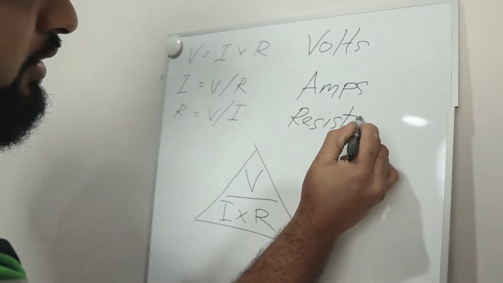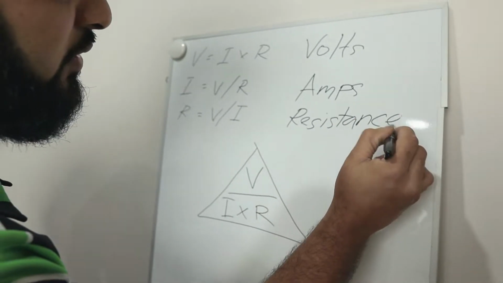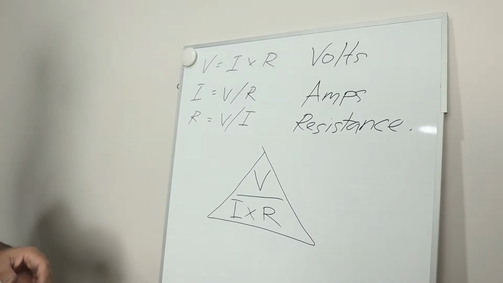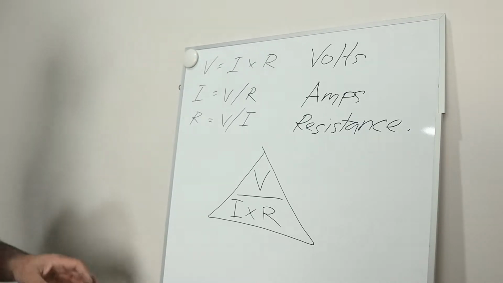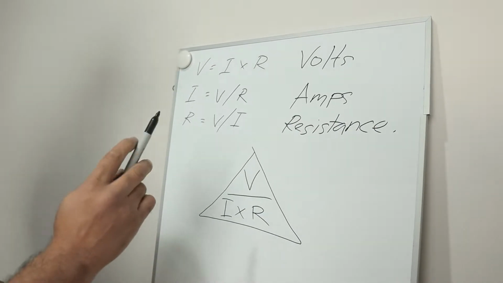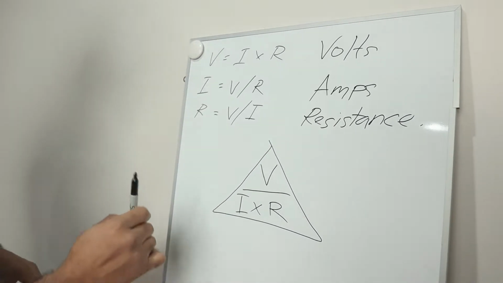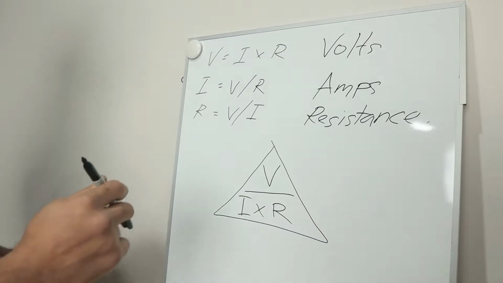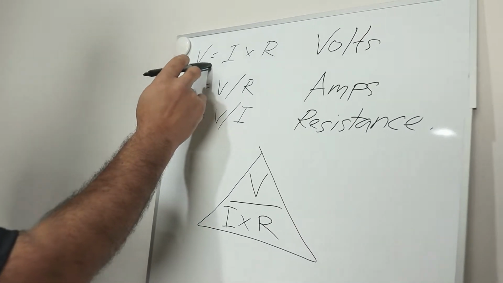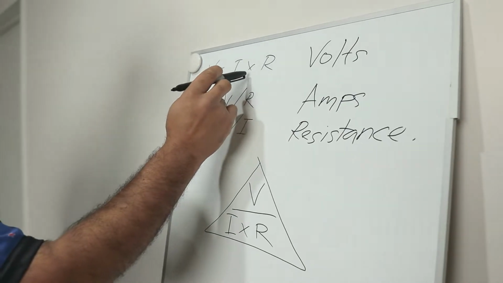All these measurements are required for us to figure out how much electricity is flowing through any particular circuit. So I'll just quickly show you how we can calculate these measurements. Volts equal amps times resistance.